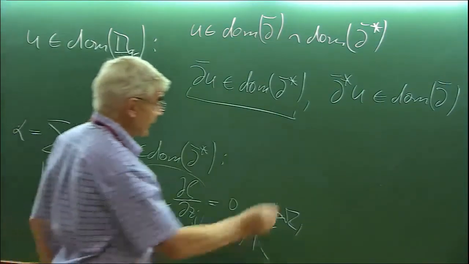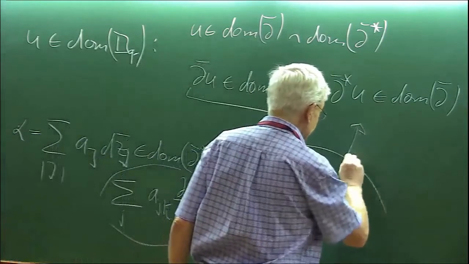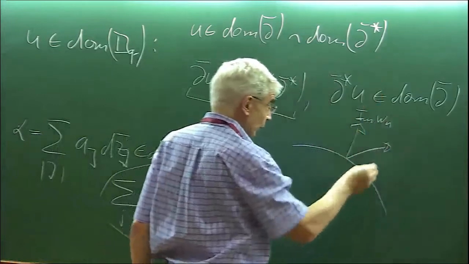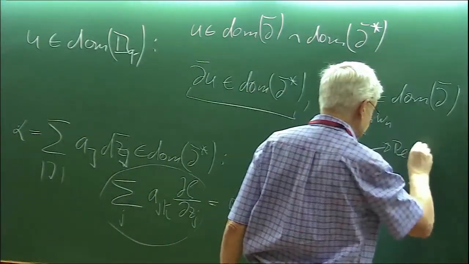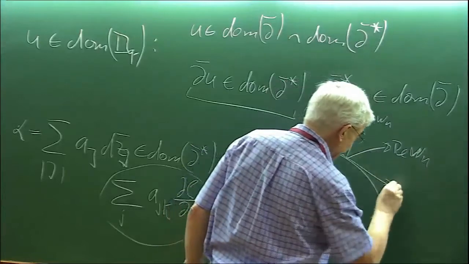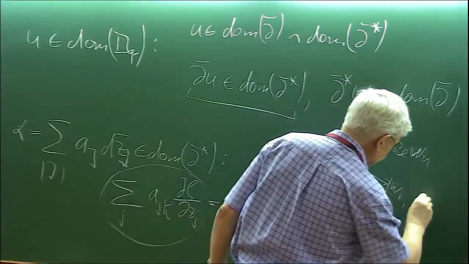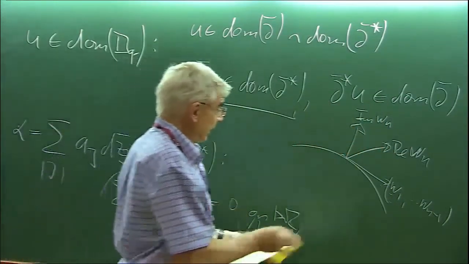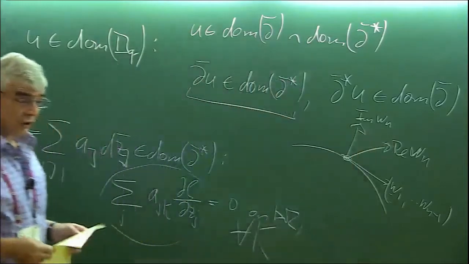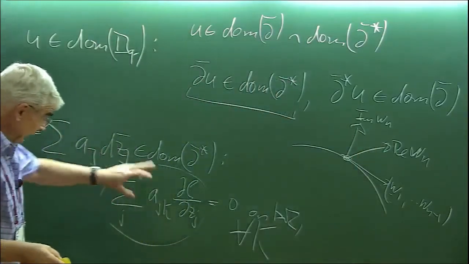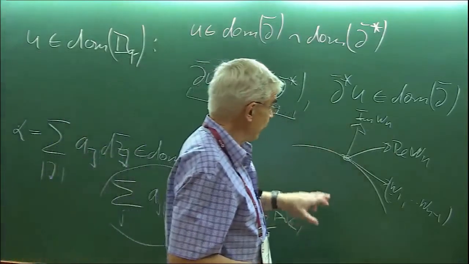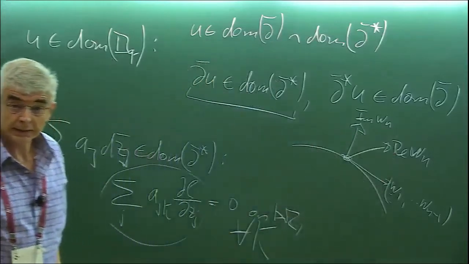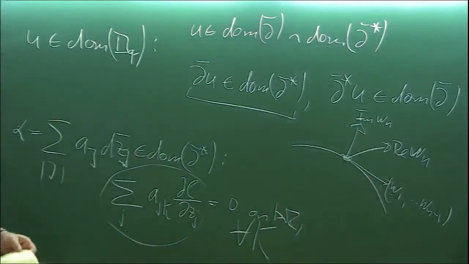And the reason for that is if you change coordinates so that, say, imaginary w_n is the real normal, and then the real part of w_n is tangential, and then here w_1 through w_{n minus 1} span the complex tangent space. And if you write down the form at a point in these coordinates, then what this does is it'll pick out all the terms that contain a d w_n bar. And so that's why it's called the normal component, okay?